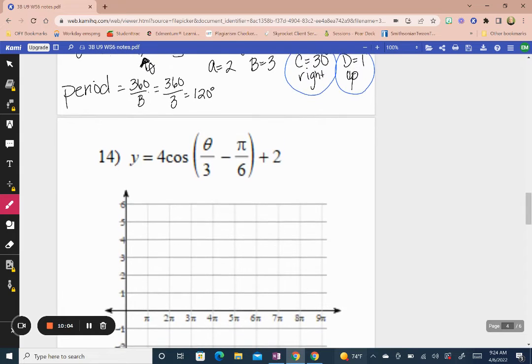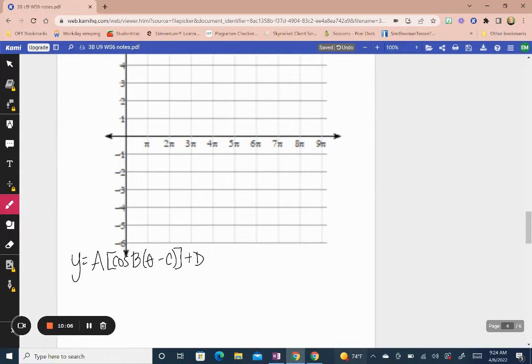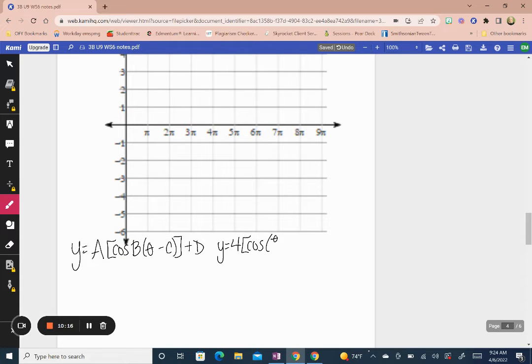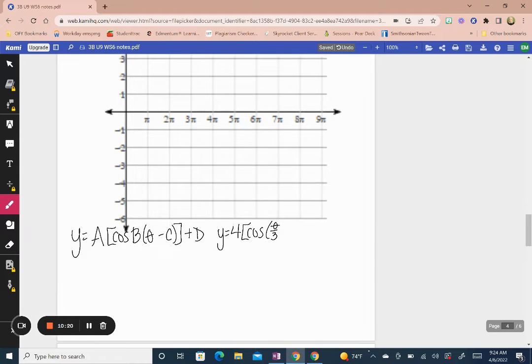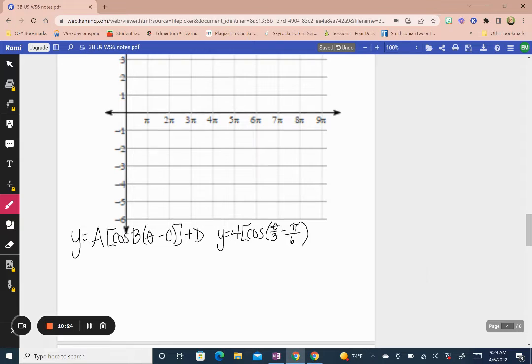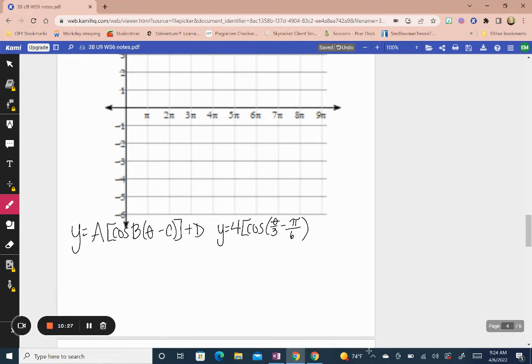Okay, so this is going to be, I'll write it down here, y equals 4 cosine theta over 3 minus pi over 6 plus 2.